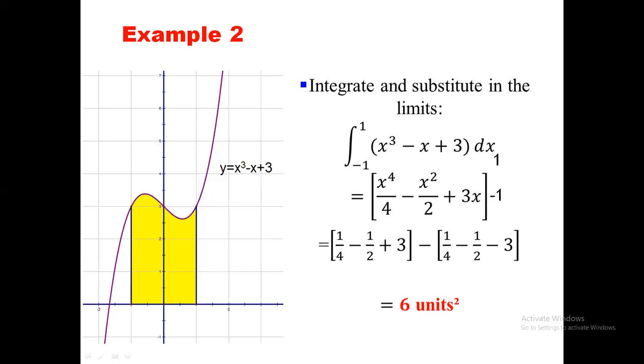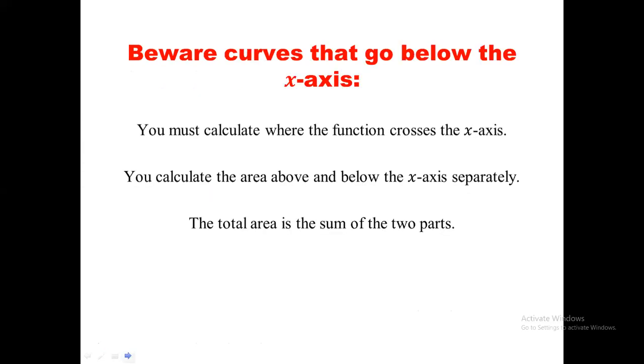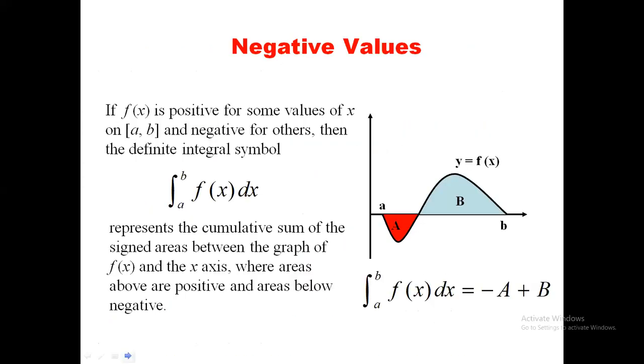Now, what about in cases wherein your area is above and below the x-axis? Let me illustrate it with this. That's the reason why at times it helps to plot the function.